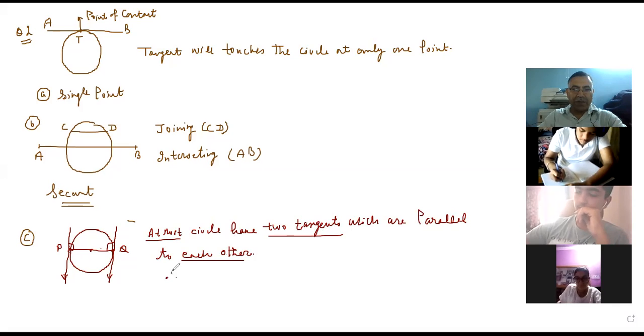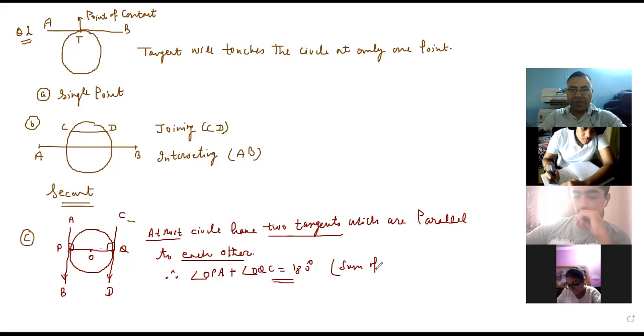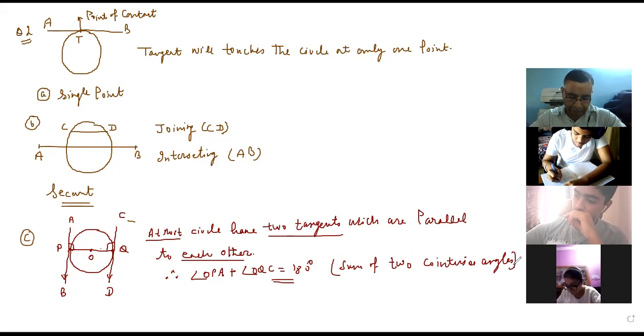Why? Because, let it be AP, let it be CD, angle OPA plus angle OQC has to be 180 degrees, the sum of two co-interior angles, because it is given that the tangents are parallel.